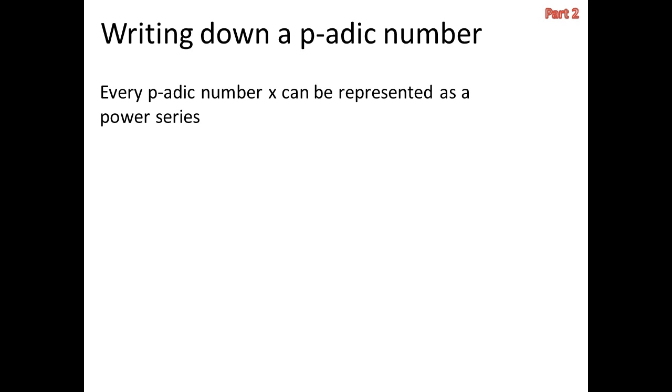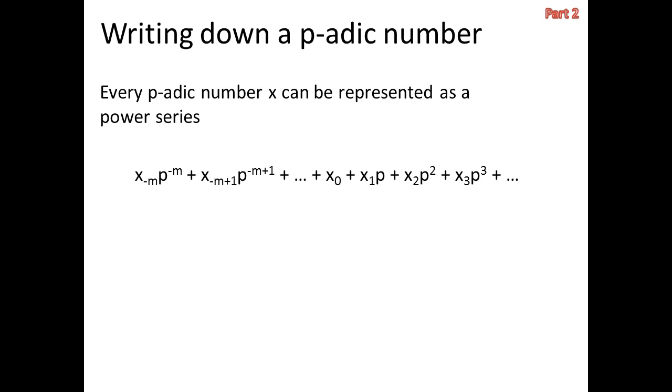So the first thing I thought we should look at is how do we write down a p-adic number? Well, every p-adic number can be represented as a power series that looks like this. So this x_(-m), this x_(-m+1), all the way up to x_0, x_1, x_2, etc. These are just the coefficients of the power series. This is a power series in ascending powers of p, starting at some negative power p to the minus m.